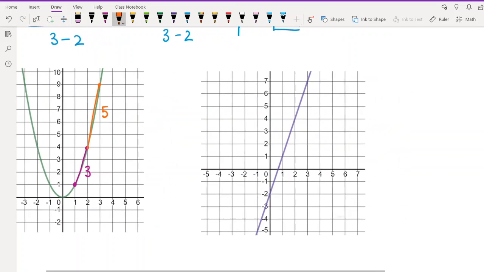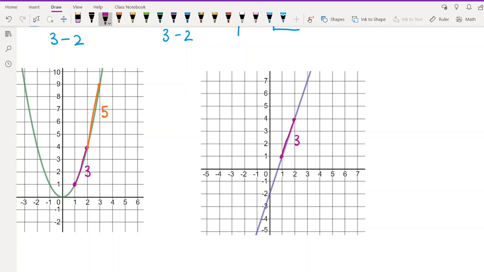Now, on the other hand, if we look at our linear function, for this one, our first 2 points were actually the same. It was 1, 1, and then the point 2, 4. And the average rate of change was 3. Now notice that here, if I try to draw the secant line between those 2 points, it actually is just the same as the line, right? A secant line is drawing a line between 2 points that lie on a graph.